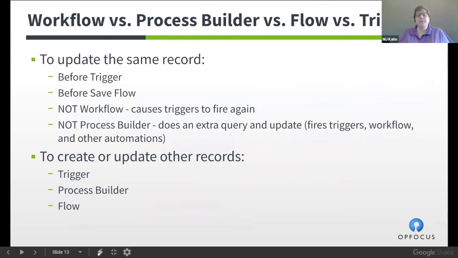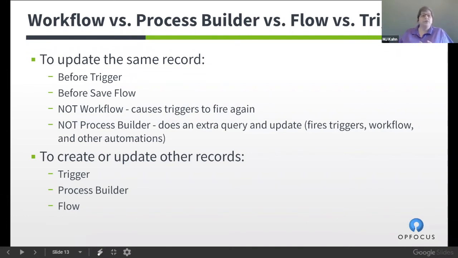If you want to update the same record that caused some automation to fire, the ways that we recommend are either using a before trigger, that's Apex code, or one of the new ways of launching a flow, the before save flow. Both of those, a before trigger and a before save, detect that a change was made to a record and then modify the record before it's actually committed to the database.